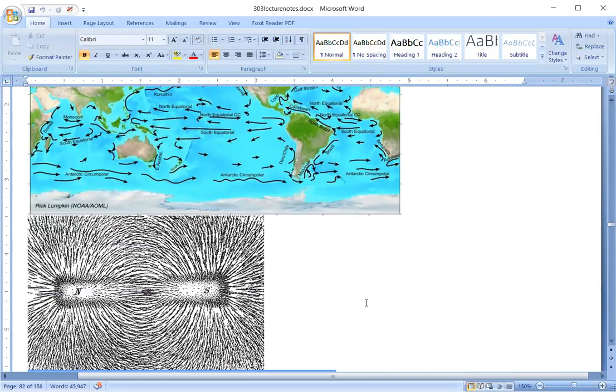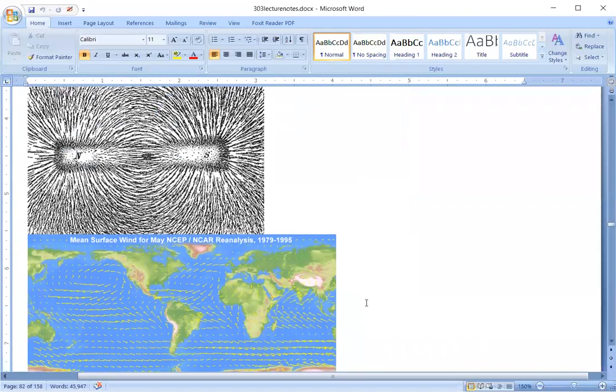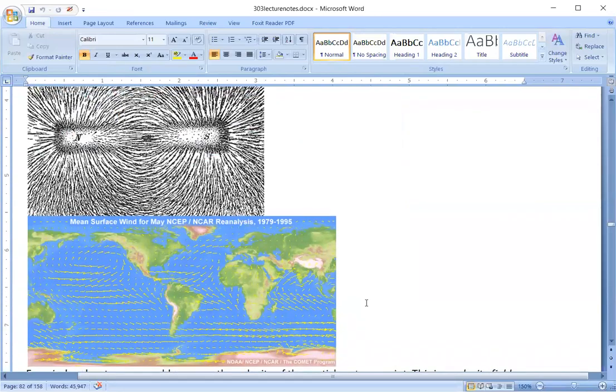You take these iron filings and you take a piece of paper, put it on top of a magnet, you drop the iron filings on the sheet of paper, and they all line up like this, and it shows you the magnetic field. Third one, we've got an image of what's going on with the wind patterns.